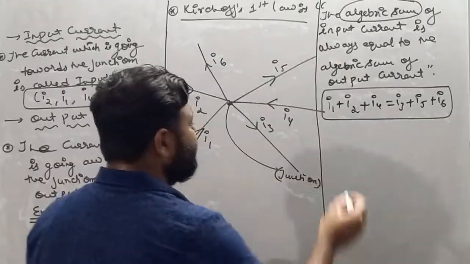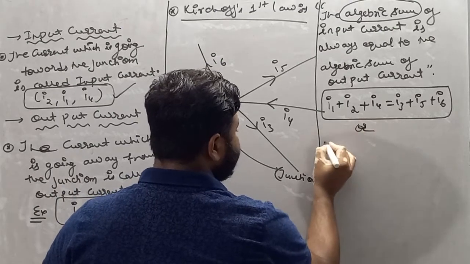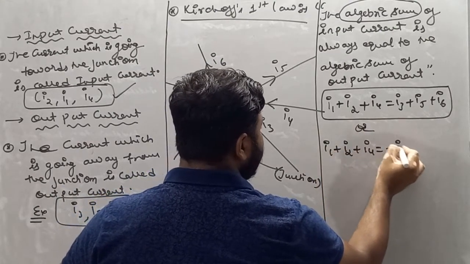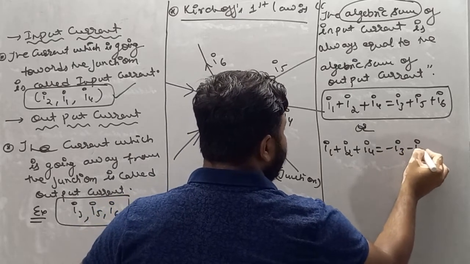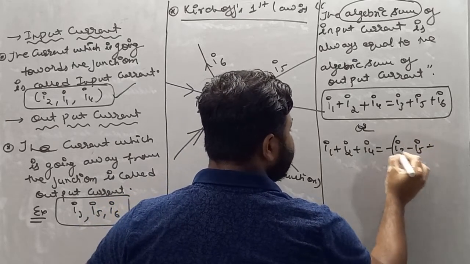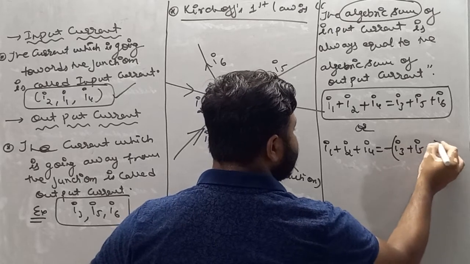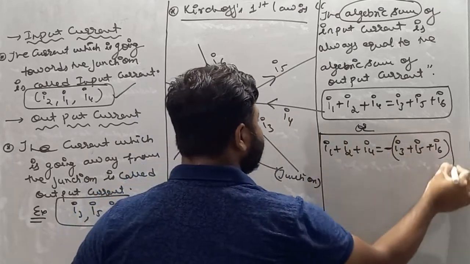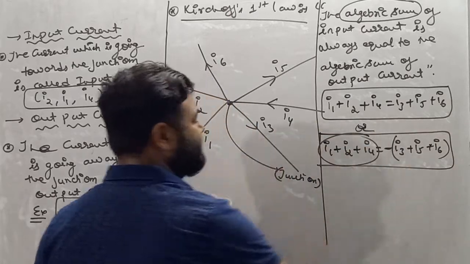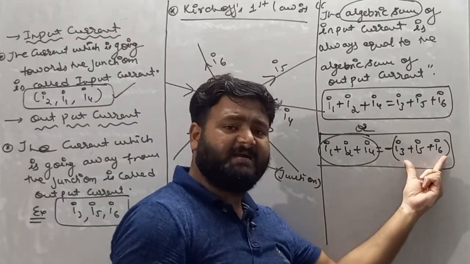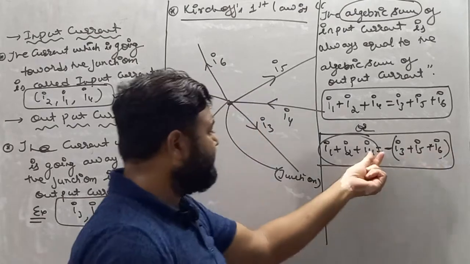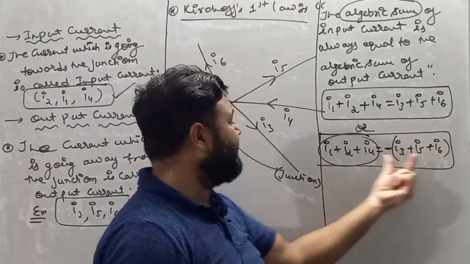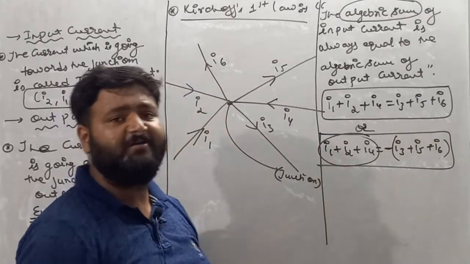In some books it can be written as I1 plus I2 plus I4 is equal to minus I3 minus I5 minus I6, taking minus common. This negative sign shows that the direction of the output current is opposite to the direction of the input current.